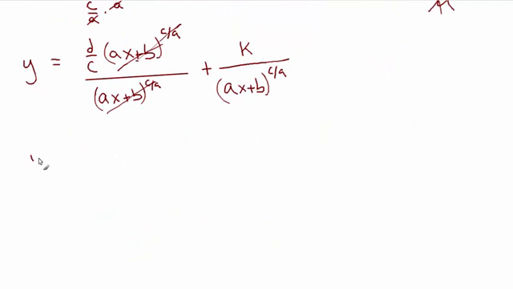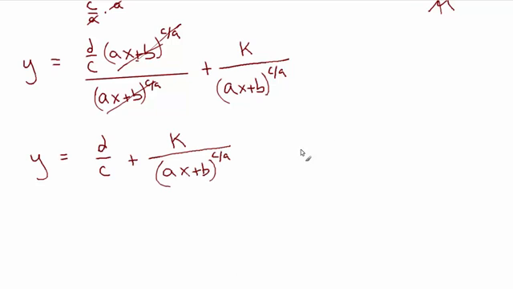So finally, y equals d over c plus k over (ax + b) raised to the c over a. That's the general solution. Now, if you have an initial condition, which we did in the actual problem, you can apply that and get the particular solution, which basically means you're finding k.